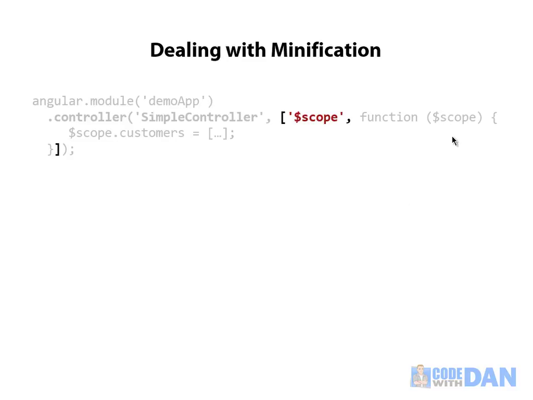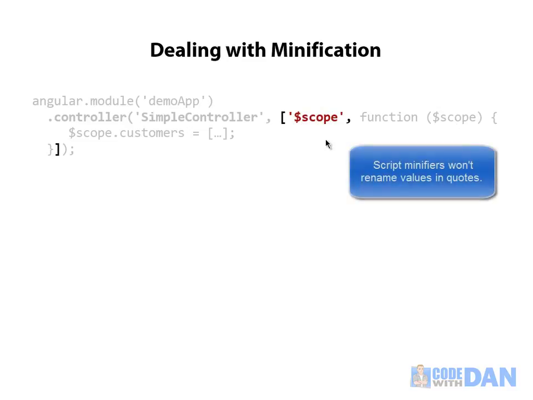But what'll happen is if a script minifier renames this right here to say s, it won't matter because Angular will look at this and know that s really means $scope. So this is purely a script minification type of technique to prevent problems when we run our scripts through some of these production minification type of frameworks out there.